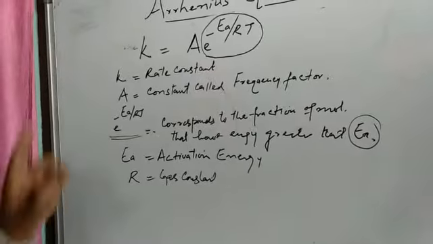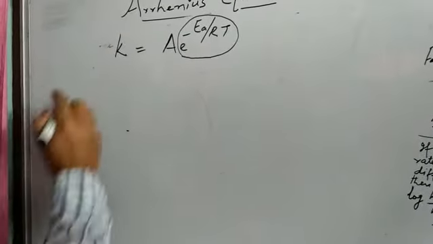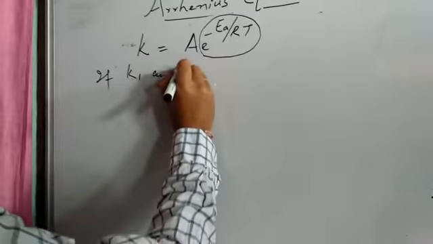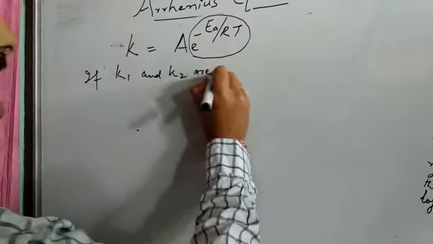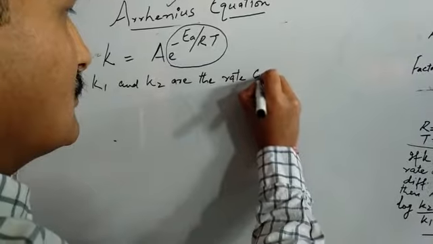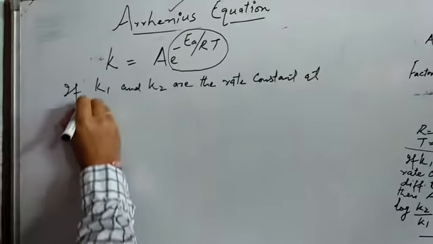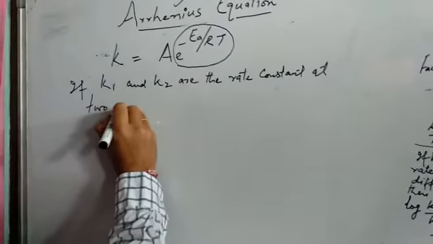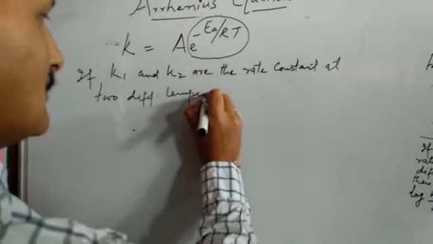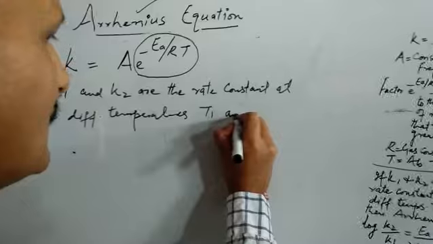Now suppose K1 and K2 are the rate constants at two different temperatures, say T1 and T2.